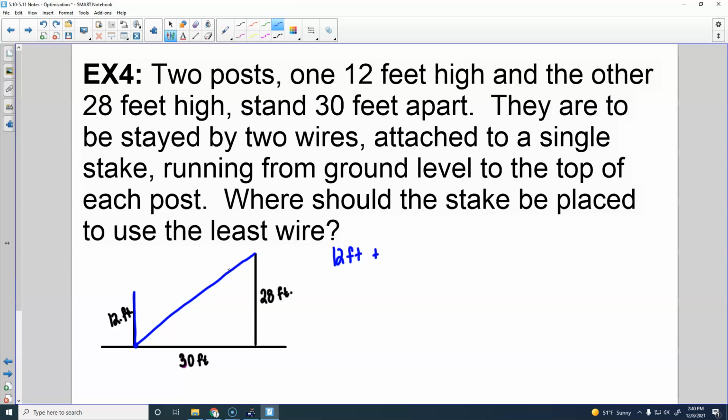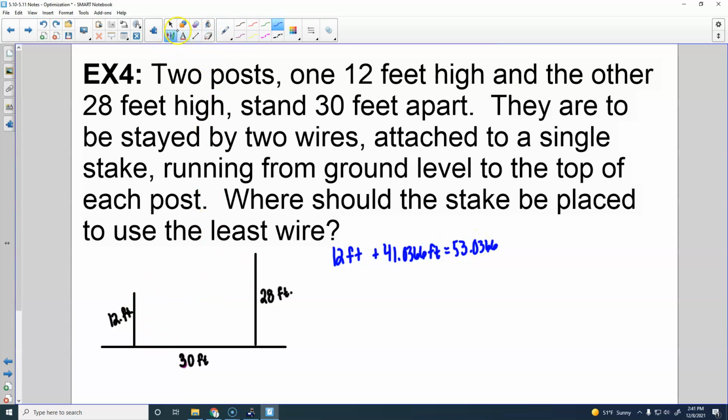So that is the square root of 1684. It's 41.0366. So there we would use a total of 53.0366 feet of wire.